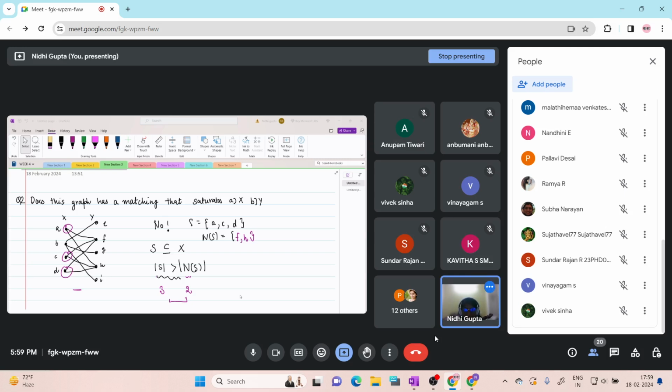But for X you cannot conclude without giving the set that it won't have a matching that saturates X. For that you'll have to give a set. Yes, for the B part it is clear, but for A you have to give the set. So was there any question? Somebody was speaking in between. Okay.